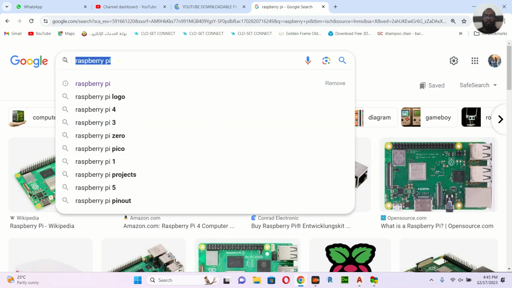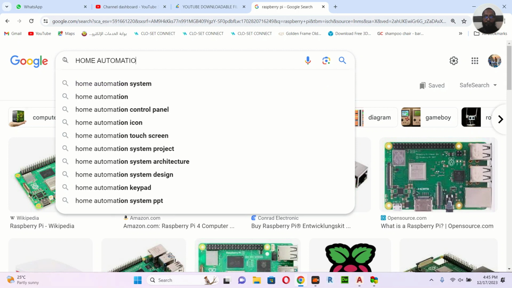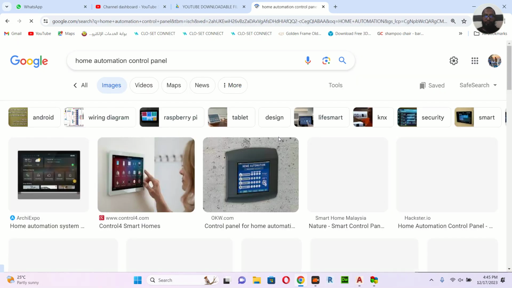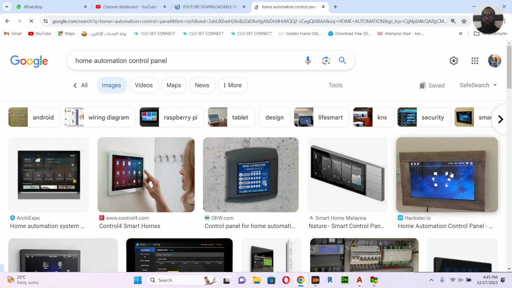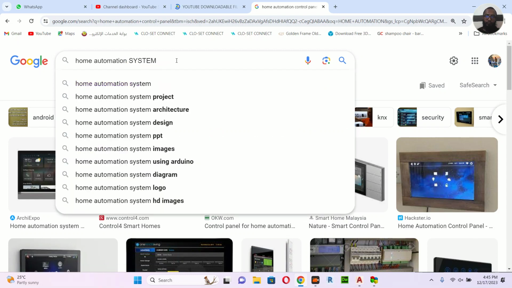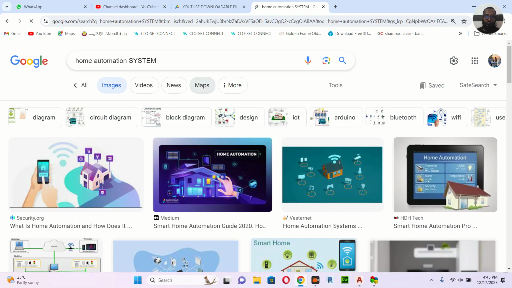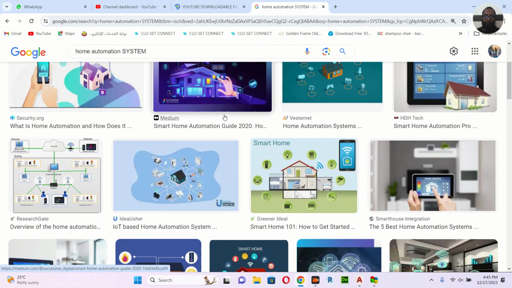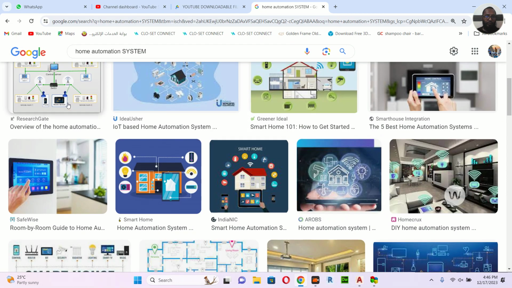And if you type home automation system, alright, this control panel. This is the home automation control panel. Let's go to the system. This type, but check this one.